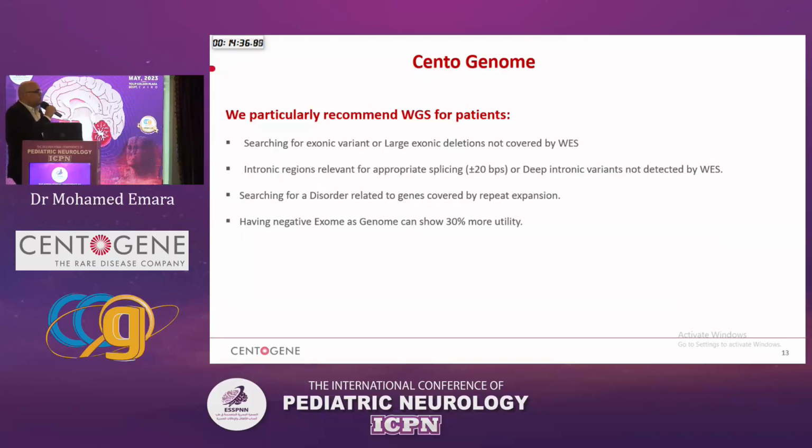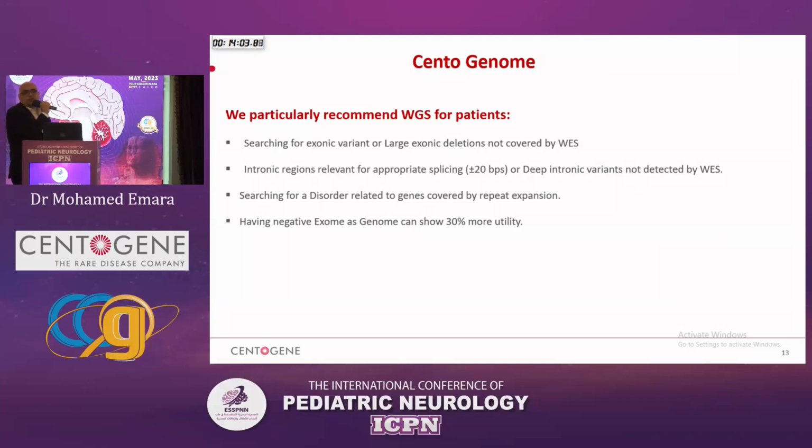If we are searching for an intronic mutation or deep intronic mutation that is not detected by whole exome, or searching for a disorder with repeat expansion, and here for the repeat expansion, we developed the technology of our new whole genome in order to include repeat expansion, not only the sequencing of genes. Or having a negative exome, and we need to go for whole genome, which has a utility of about 30%.